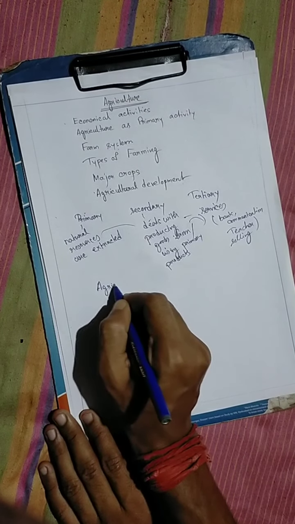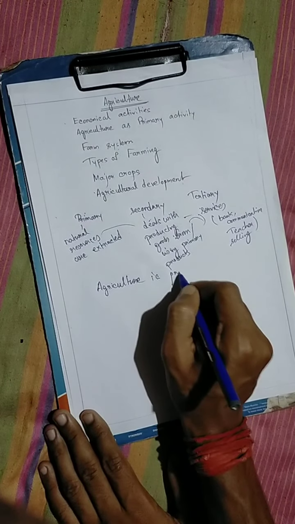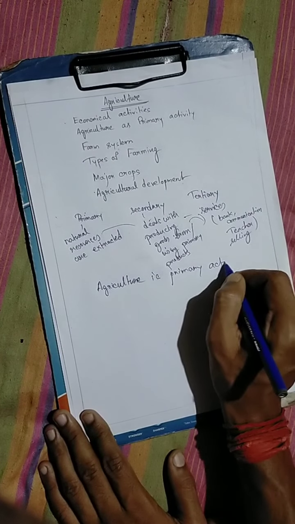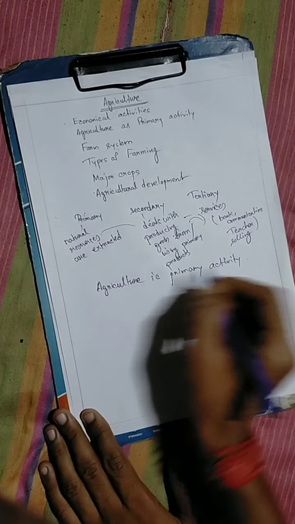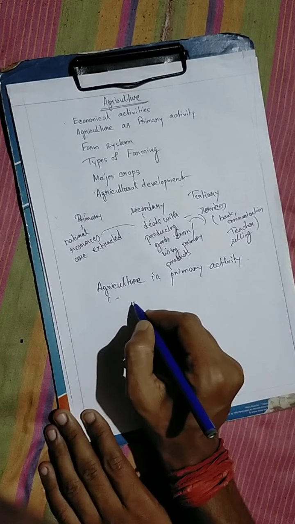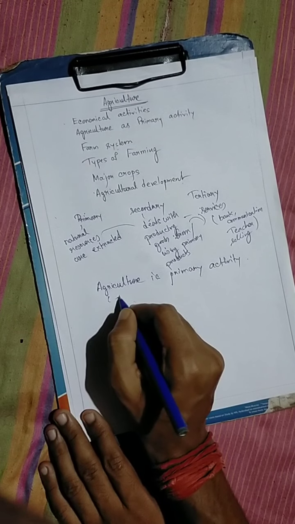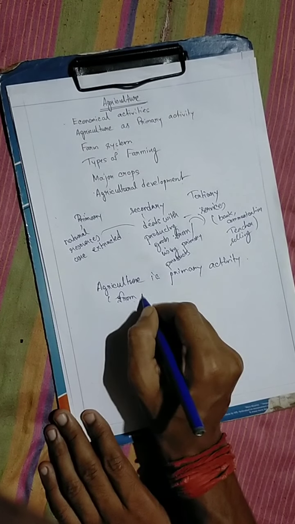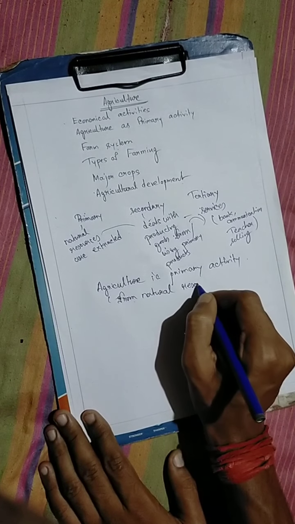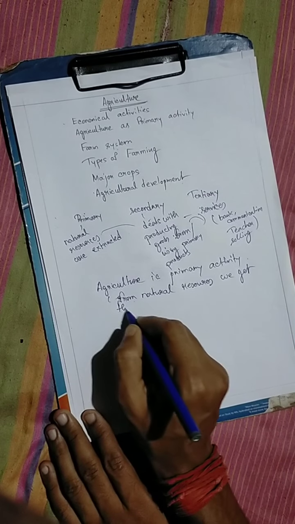Agriculture is a primary activity because in agriculture, from natural resources we get the products.